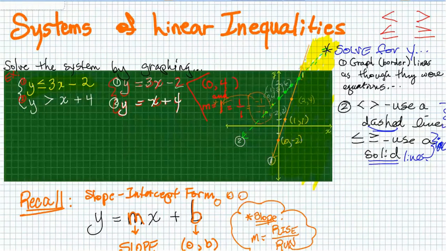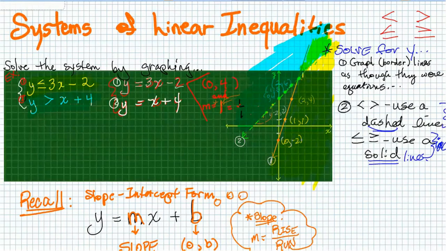Now for the second one, I'm going to get a blue highlighter, and my y's that are greater than the line, that's where I want to shade that one. So we want to shade the second equation everywhere above the line. Now you can already see where our solution area is going to be.